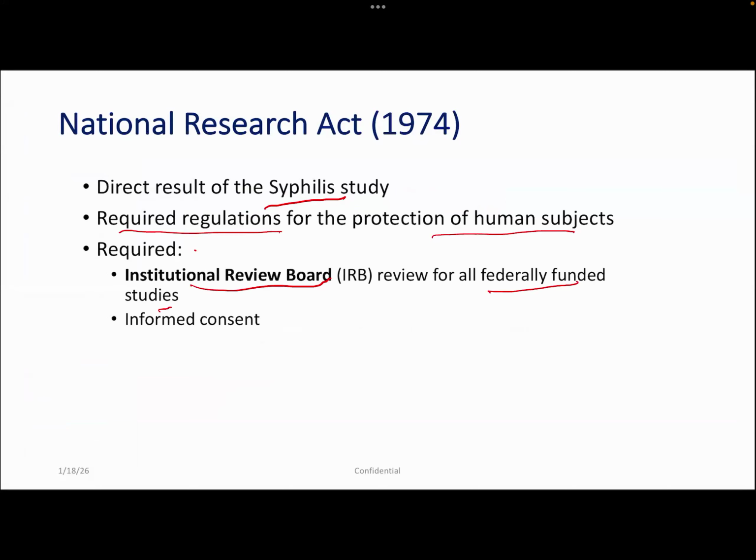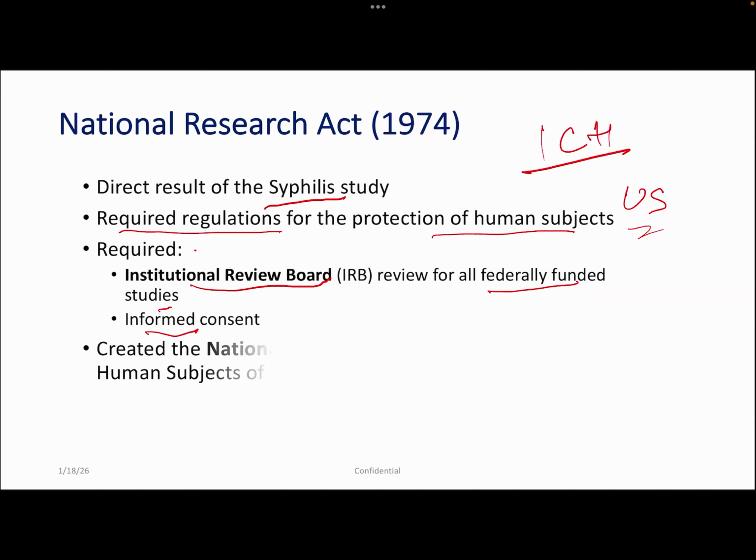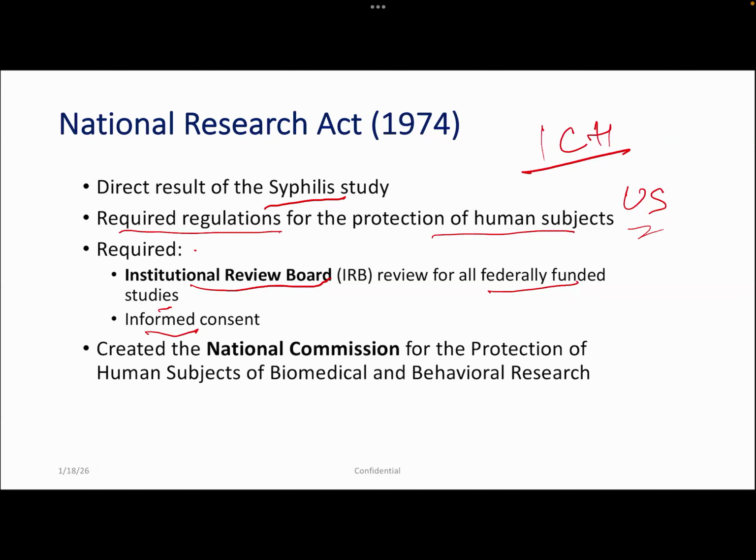So originally this concept came in the US. Later the whole world accepted this, because we adopted ICH, and they also emphasized a lot on informed consent. So they created the National Commission for the Protection of Human Subjects of Biomedical and Behavioral Research.